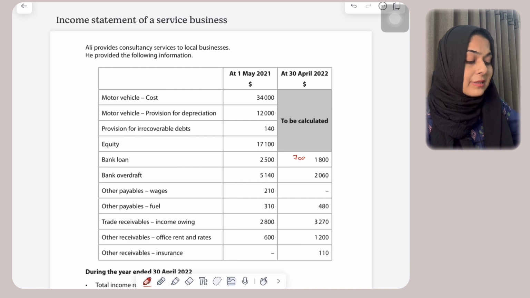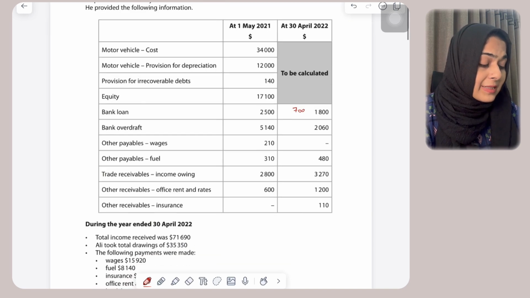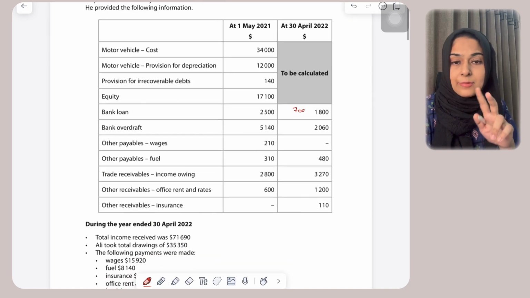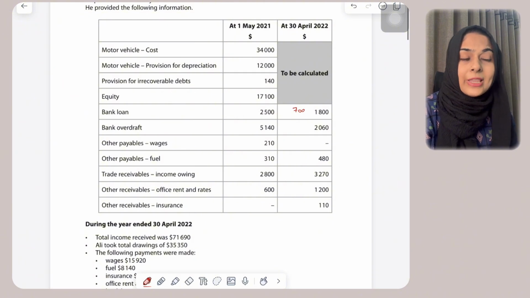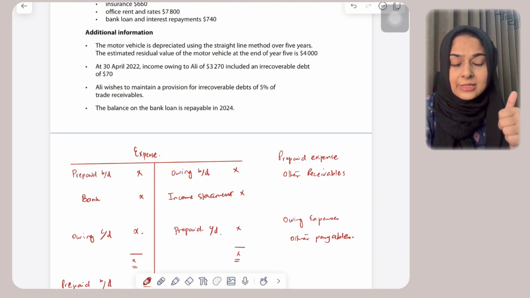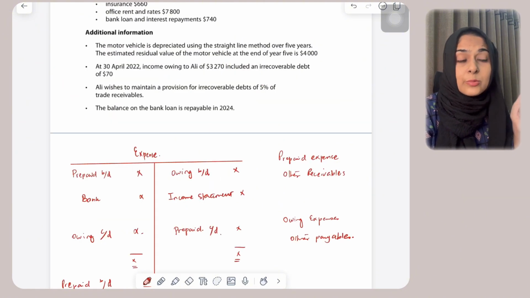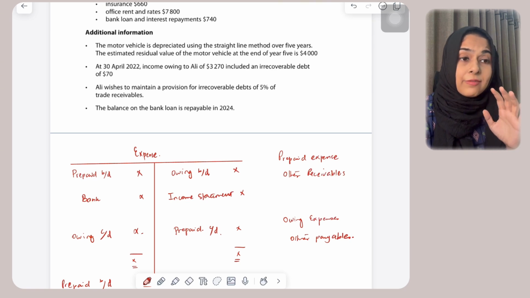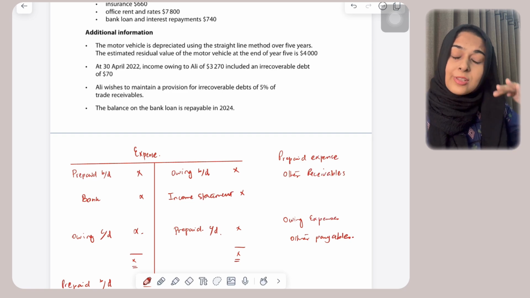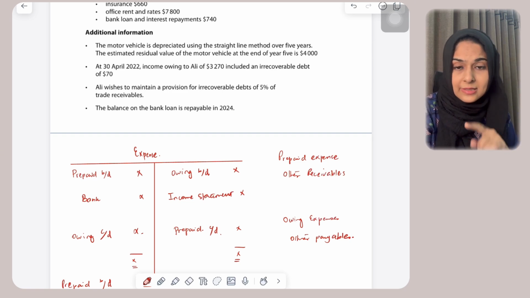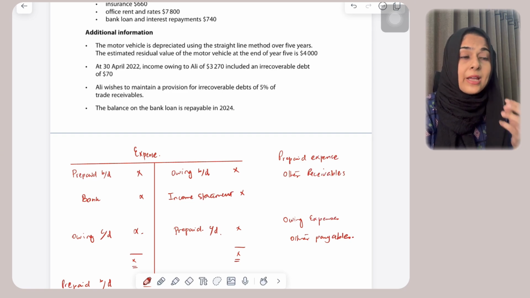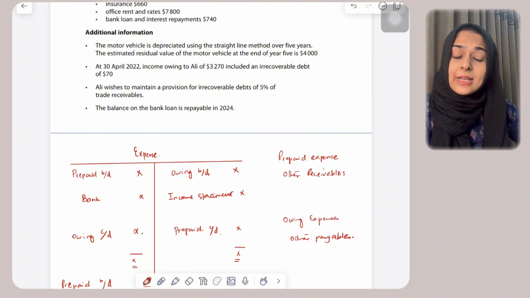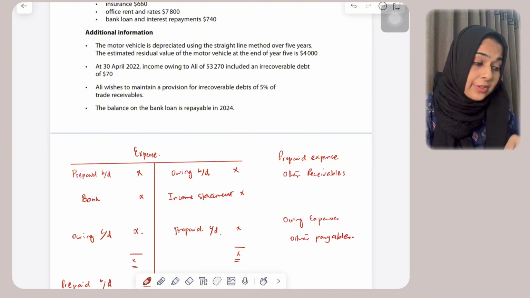The interesting thing about expenses is that there's one thing called other receivables in expenses, and then there's one thing called other payables in expenses. If we pay extra for the next financial year, that is my other receivable, because now I will be receiving services in the next financial year.